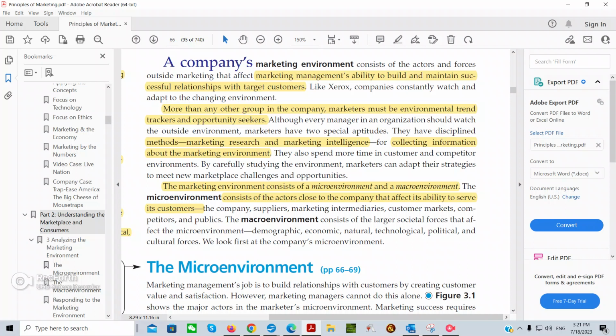Let's talk about that in more depth. It's the company, suppliers, marketing intermediaries, customer markets, competitors, and publics. These are the entities. The macroenvironment, in contrast, consists of larger societal forces that affect the microenvironment, such as demographic, economic, natural, technological, political, and cultural forces. And these are the forces that affect the microenvironment.